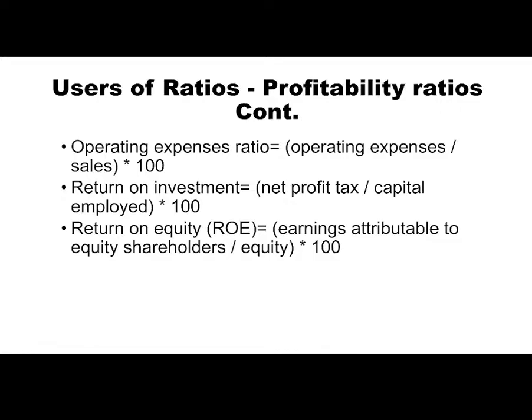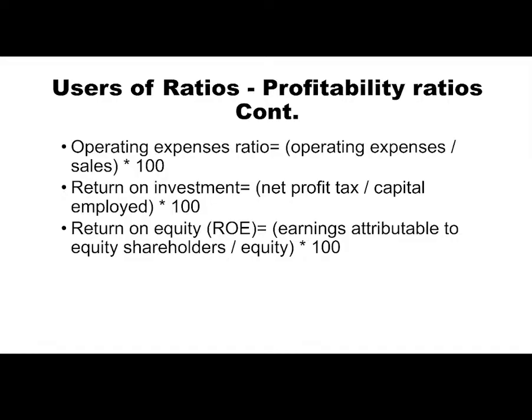So let's look at the other profitability ratios. You also have the operating expense ratio. This one indicates a firm's ability to control production and operating costs to generate a given level of sales, whereby we get the operating expense divided by sales, multiplied by 100.